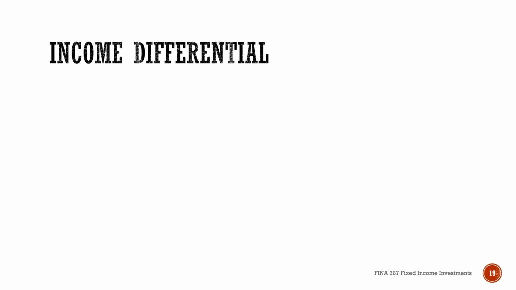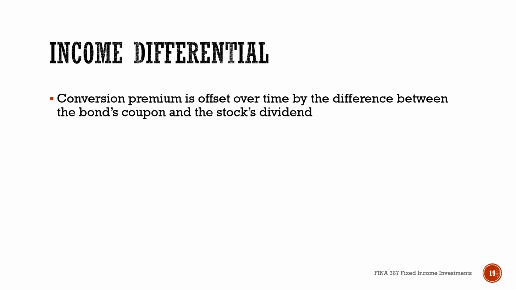On the other hand, if you hold the bond, then you would get the coupon payment. Now, as I said before, the typical coupon payment of a convertible bond is much higher than the typical dividend payment. Therefore, this difference over time can offset the premium that is paid upfront.